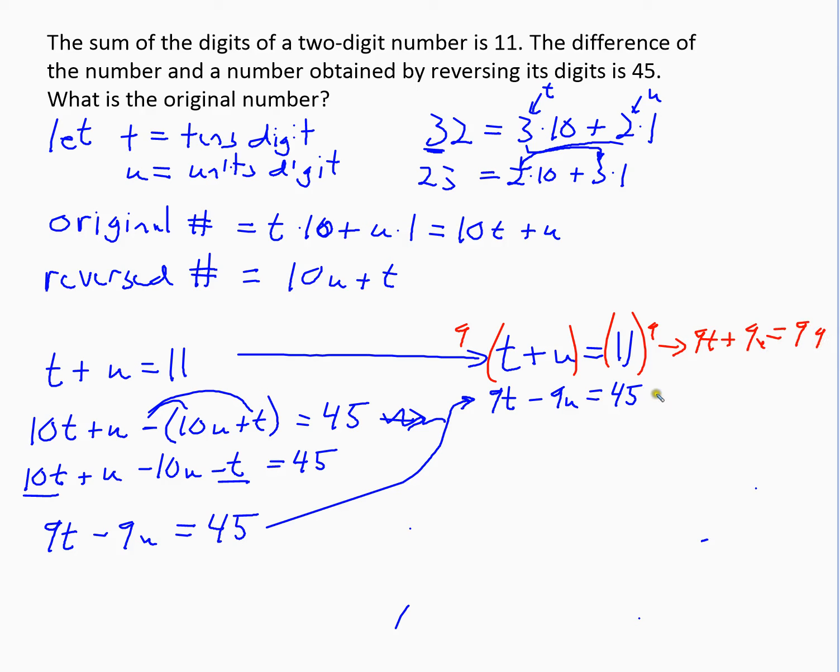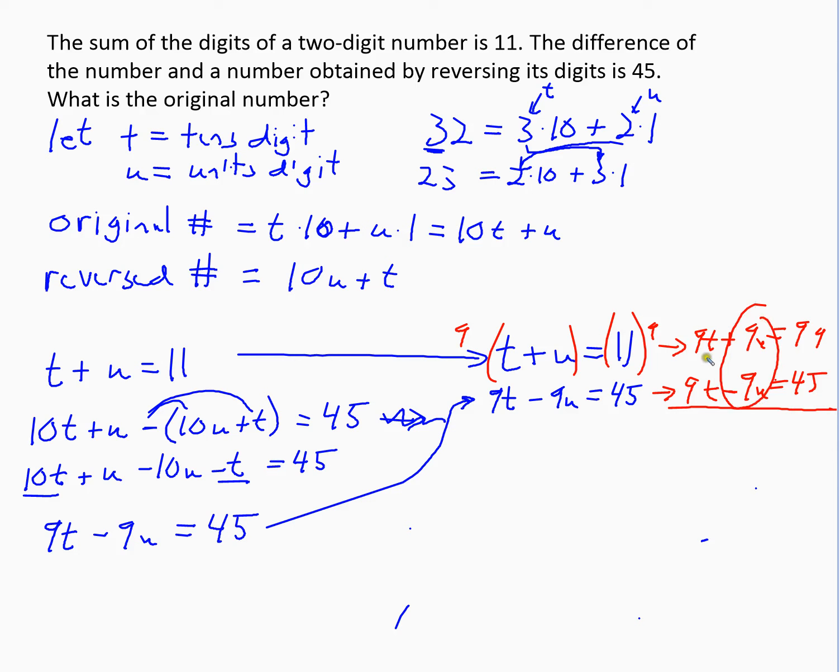And from this one, we're just going to keep it the same: 9t minus 9u equals 45. We can do elimination because we have opposites here.